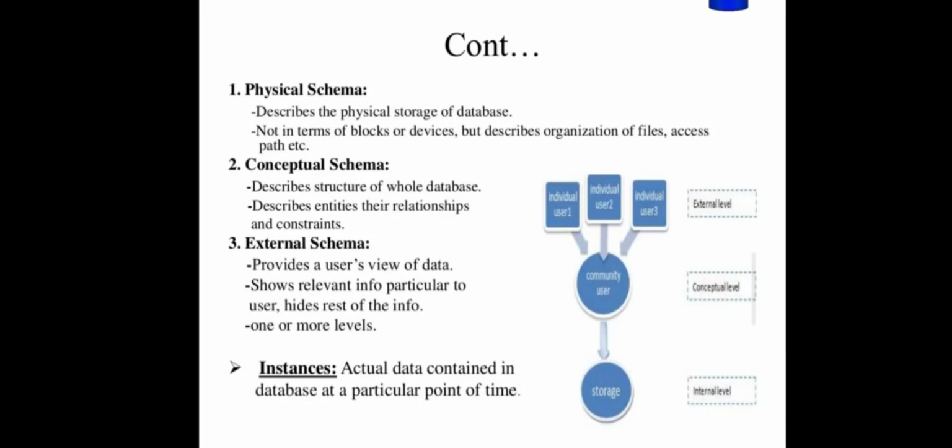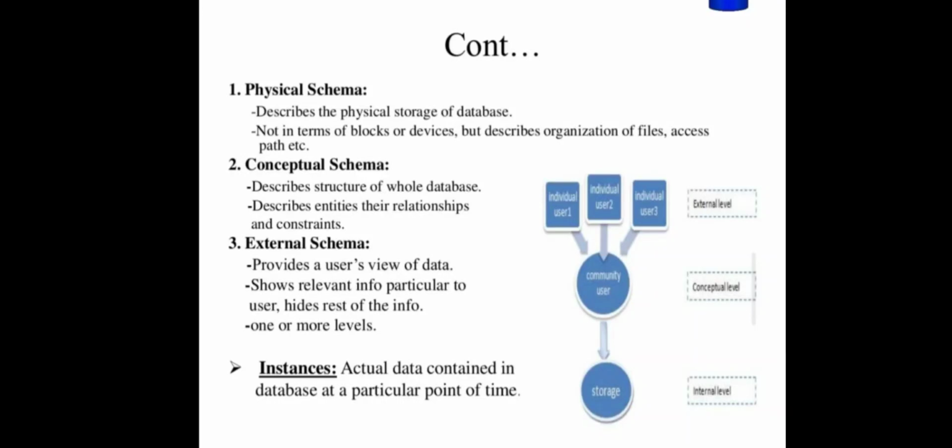Further, the conceptual schema. It describes the structure of the whole database. It also describes the entire entities, their relationships and constraints. That is known as the conceptual schema. Third one is your external schema.